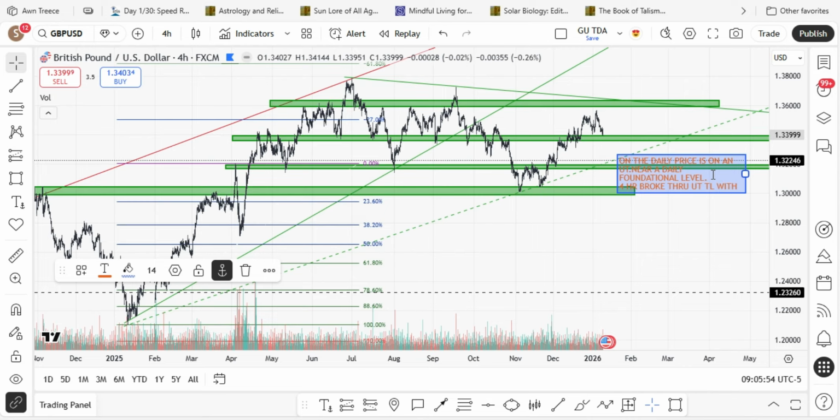Trying. With no retest to come down. Trying.